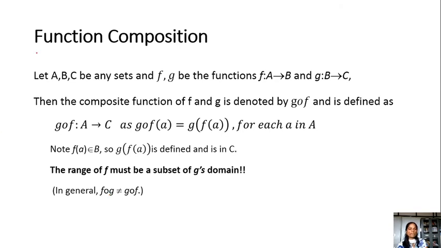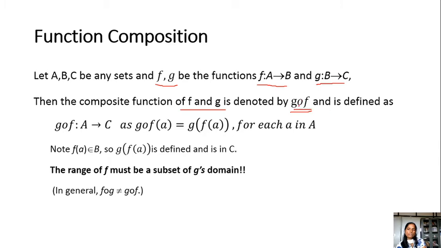For that, consider three sets, capital A, capital B, capital C, and suppose small f and g are functions such that f is a function from set A to set B, and g is a function from set B to C. In that case the composition of f and g is denoted by g composite f.